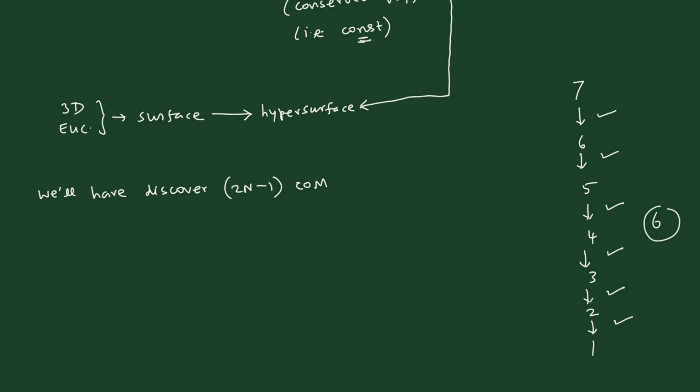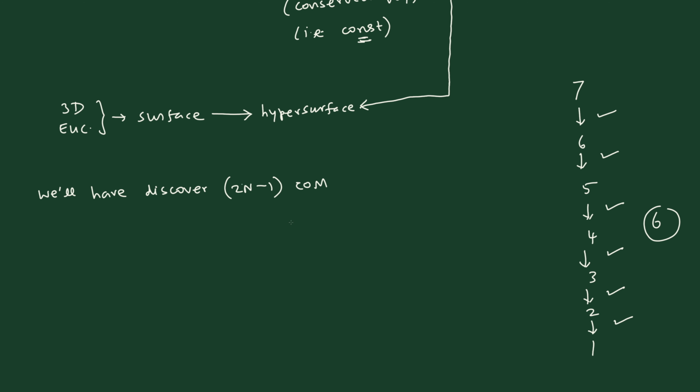One tick represents one constant of the motion. Therefore, if you want to reduce a 7-dimensional system to a 1-dimensional system, 6 intersections have to be done. Each intersection represents one constant of the motion. So if you have 7 dimensions, then 6 intersections should be done.